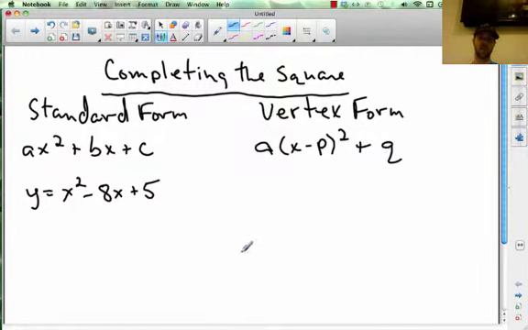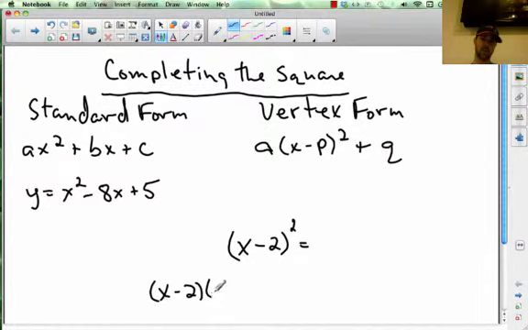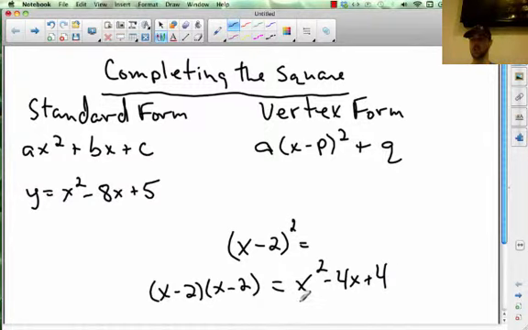So what I mean by that is that if you square a binomial like x minus 2, for example, x minus 2 times x minus 2, you get x squared minus 4x plus 4. So you end up with a trinomial. Now this is a perfect trinomial, so it can be written as the square of a binomial, obviously, because we just expanded a binomial to get it.